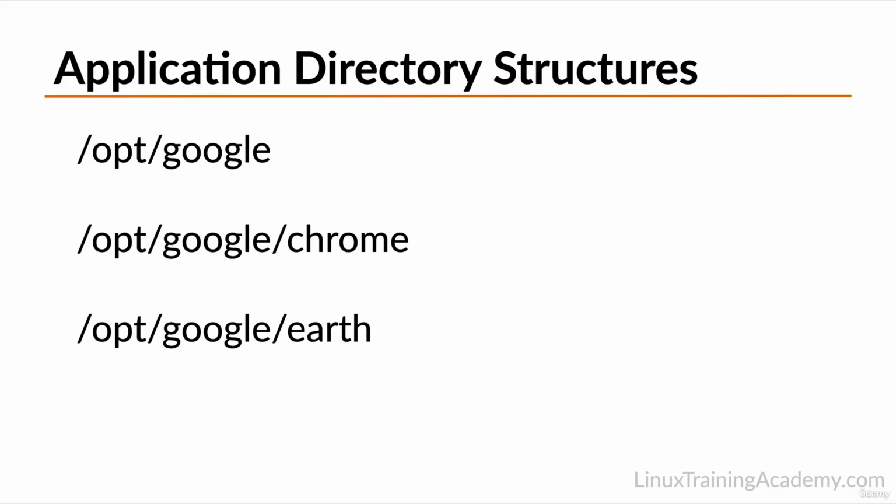Another slight variation on the theme of application directory structures is to use /opt followed by /company-name and finally /product-name. A real-life example is Google, so when you install Google's Chrome browser on Linux, it installs into /opt/google/chrome, and Google Earth installs into /opt/google/earth.